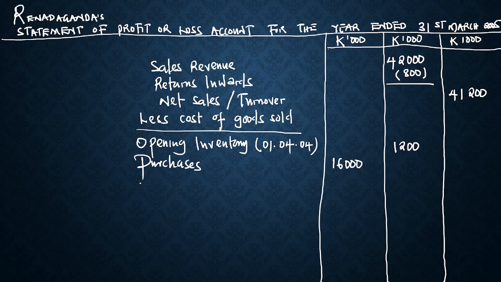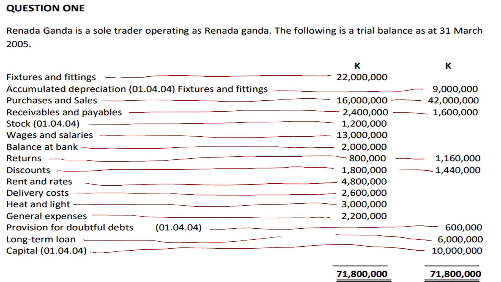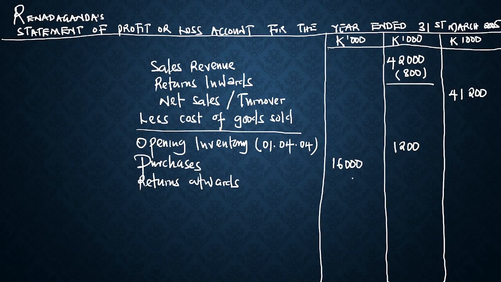Then we can also say returns outwards, which is 1,160,000, not so?